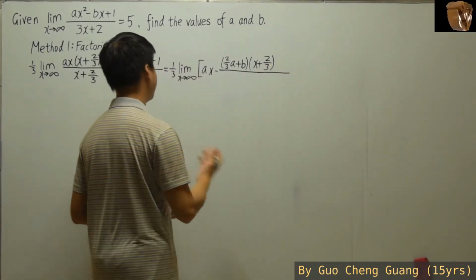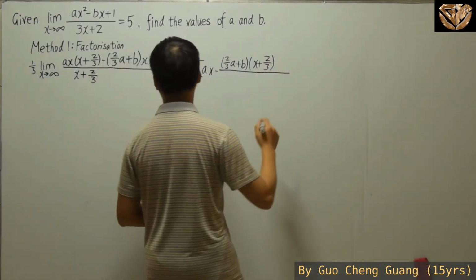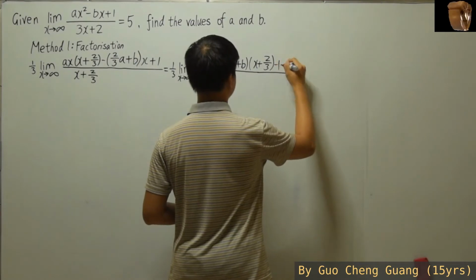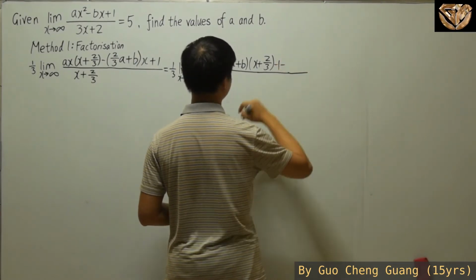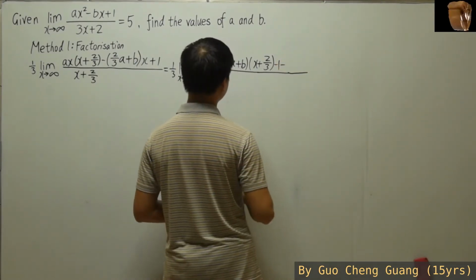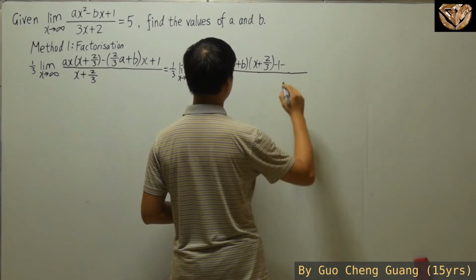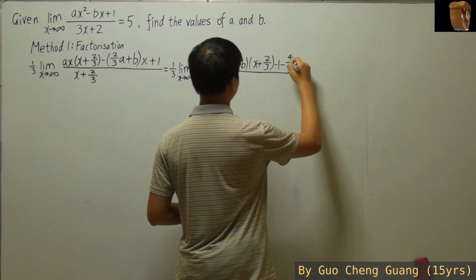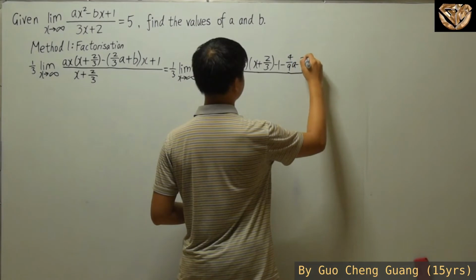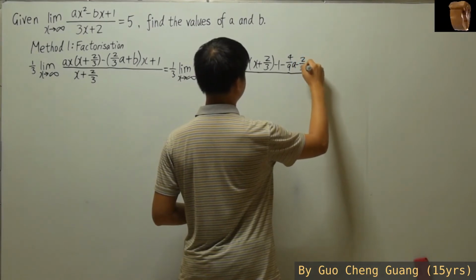But since you added another term here, you're going to have to subtract it away once again. And subtracting this, what you'll see is minus 4 over 9 a minus 2 over 3 b.